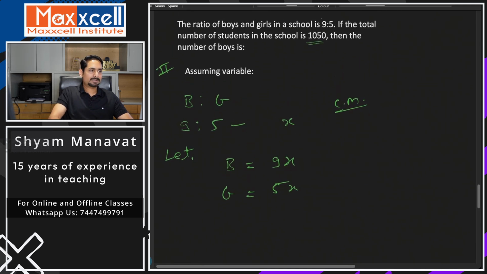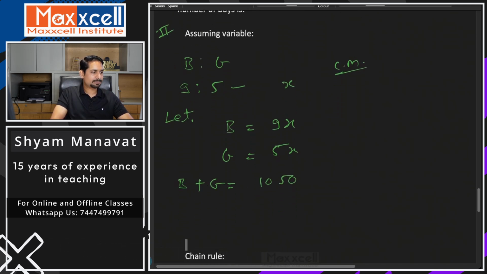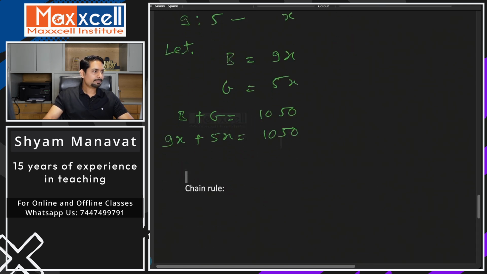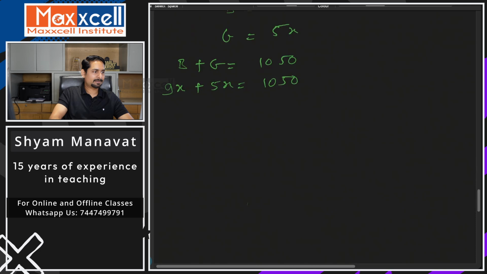Now just calculate the way the question says. The question says total number of students. So total number of students would be boys plus girls equal to 1050 as per the question. Substitute these assumed values: 9x plus 5x equal to 1050, and then we simplify, 14x equal to 1050.